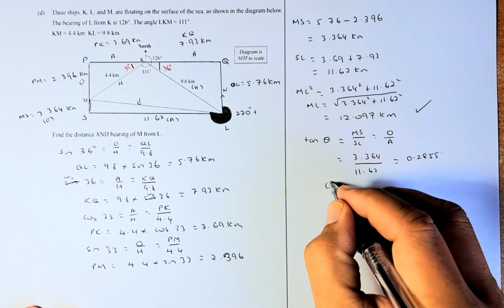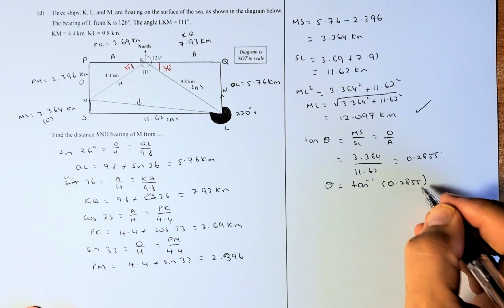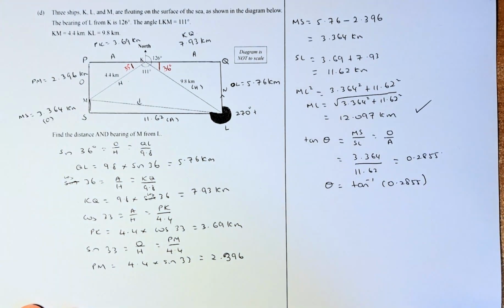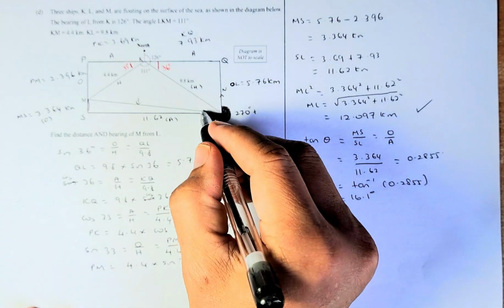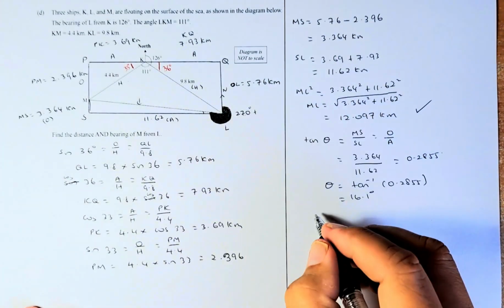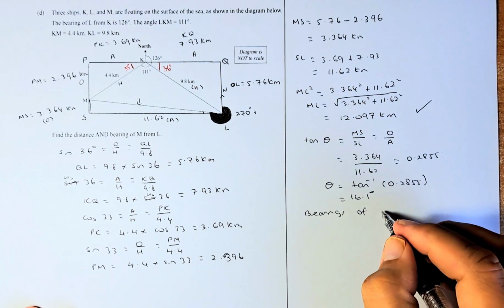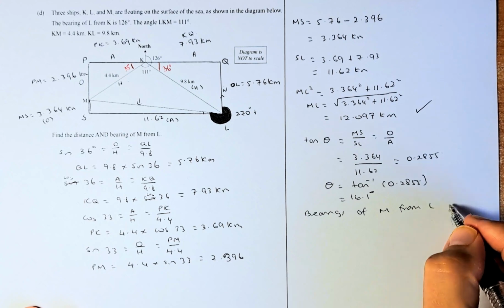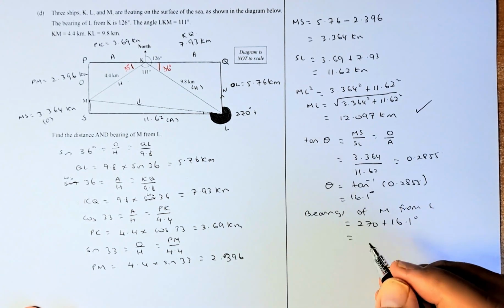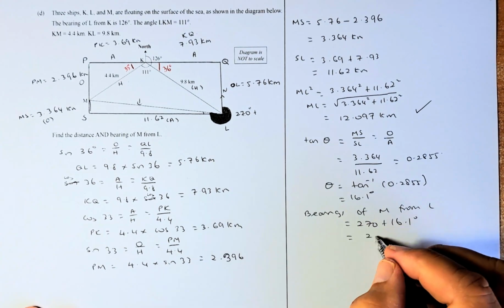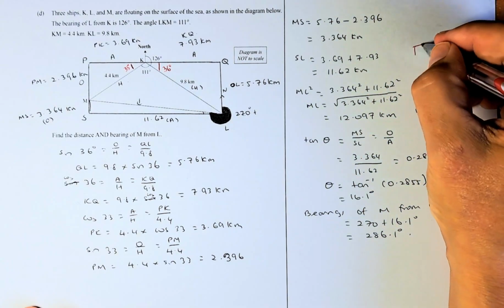So theta is tangent inverse of 0.2855, which is 16.1. So the bearing of M from L is 270 plus 16.1 degrees, which is 286.1 degrees.